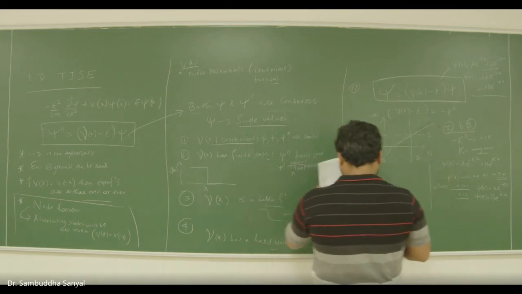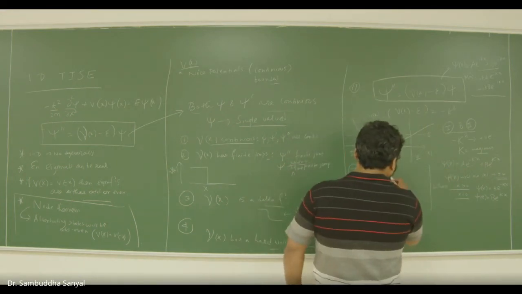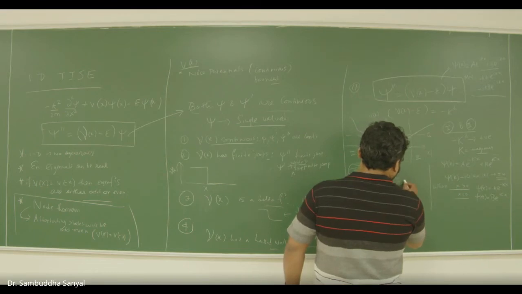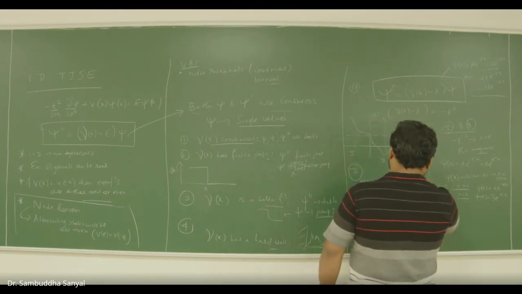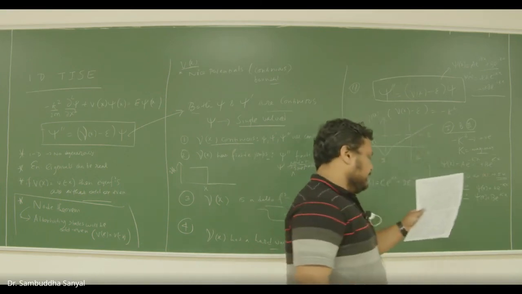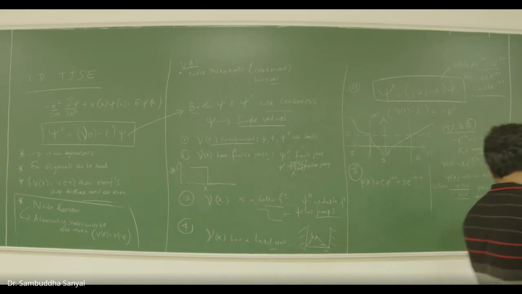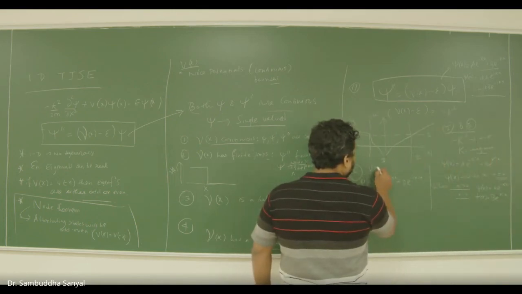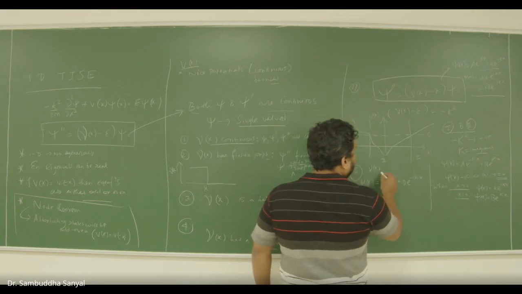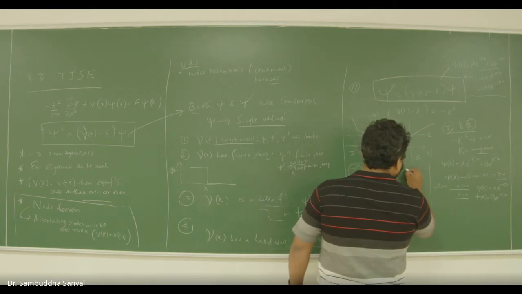Let me write c and d: c e to the power i k x plus d e to the power minus i k x, not kappa. And this will remain so, because in region 2, V x is less than E. That means k is real.